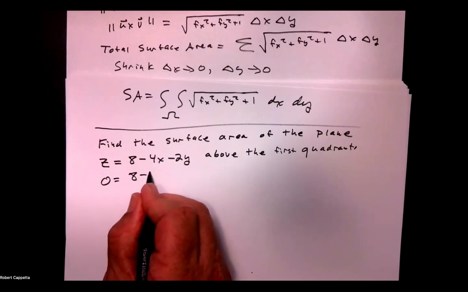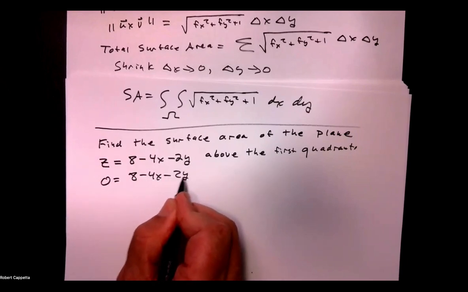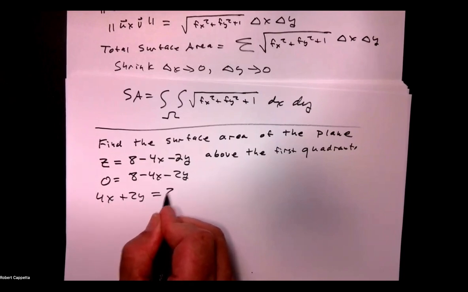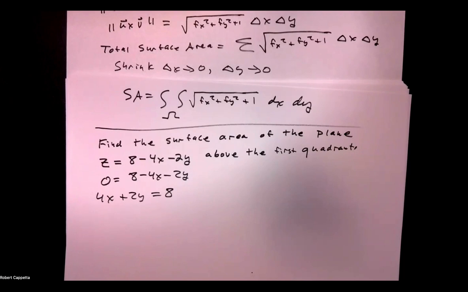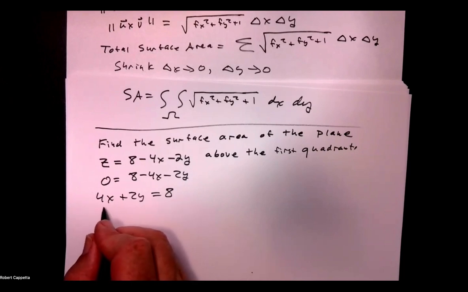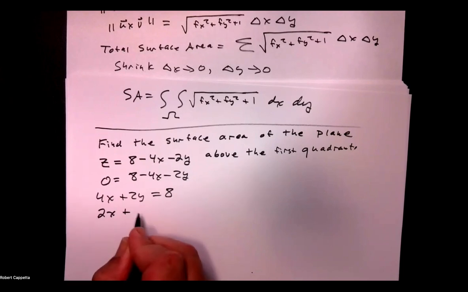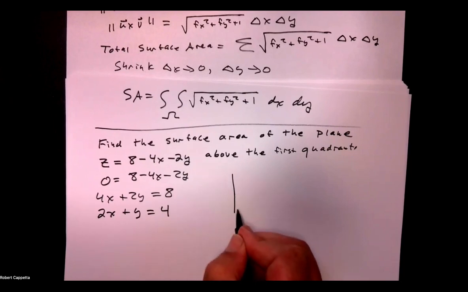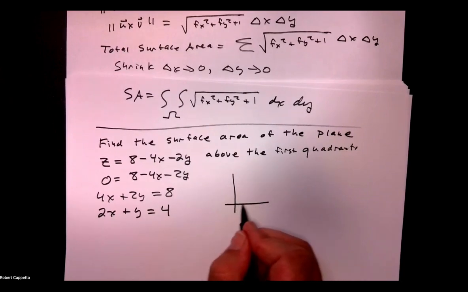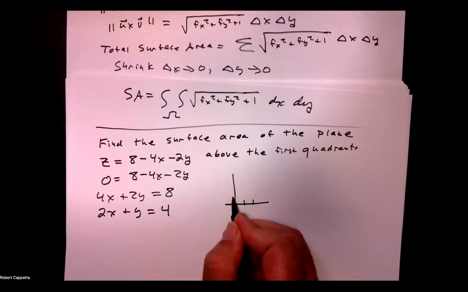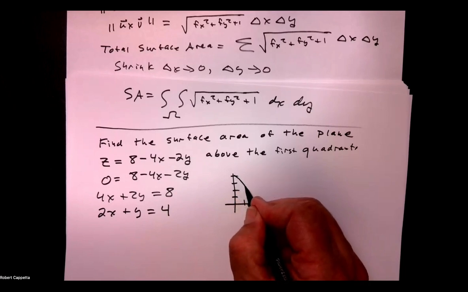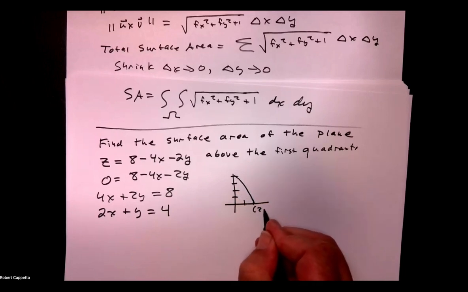So if we're looking for the shadow of this in the xy plane, set z equal to 0. So z equals 8 minus 4x minus 2y. 4x plus 2y equals 8 is what I'm looking for. And then I think it's actually nice if we divide everything by 2. So that gives me 2x plus y equals 4. And if we're looking at this, then what do we have? X would go out to 2, and y would go up to 4. And this would be our shadow in the xy plane.